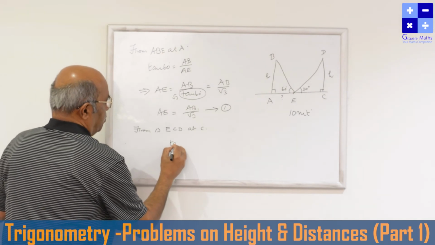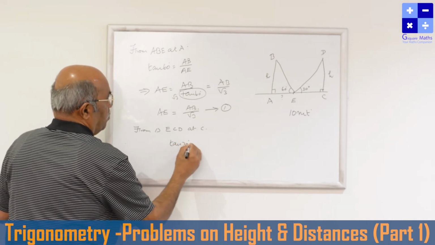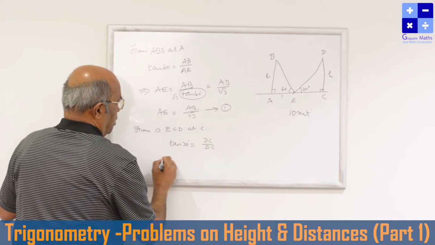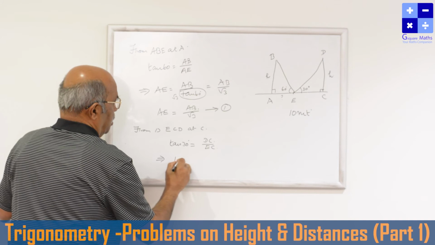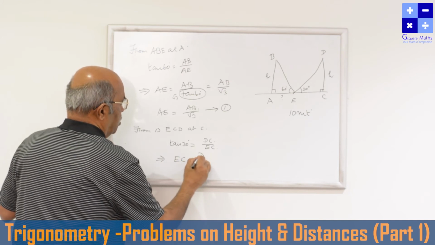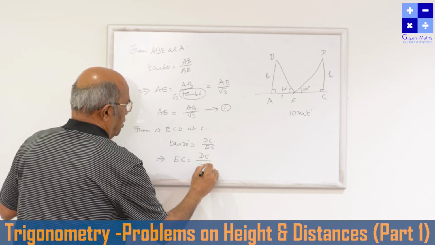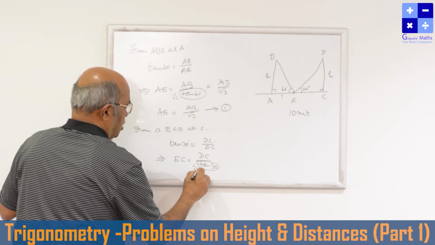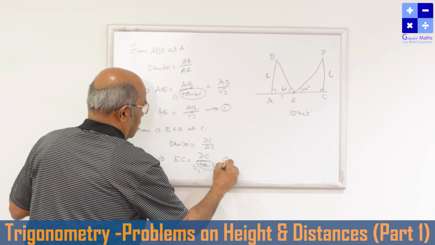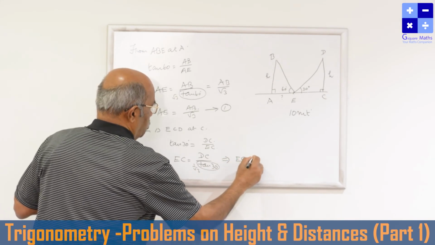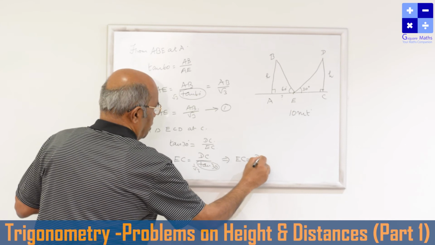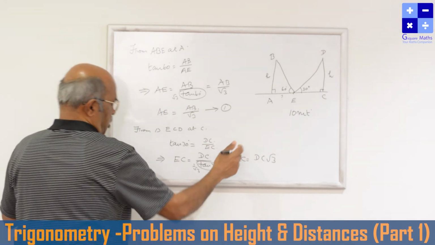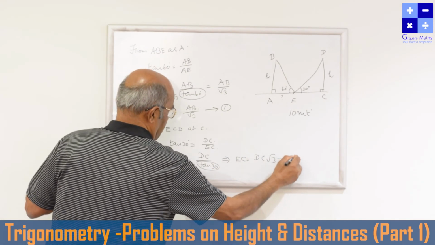This implies EC is equal to DC by tan 30. We know the value of tan 30 is 1 by root 3, so EC is equal to DC root 3, since 1 by root 3 will go up as root 3. This is the second equation.